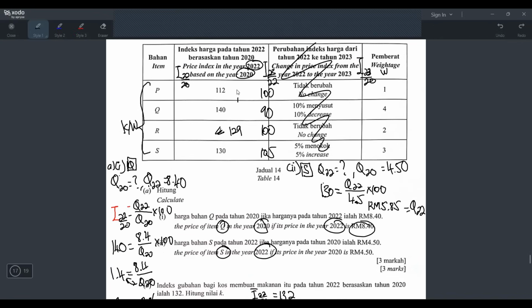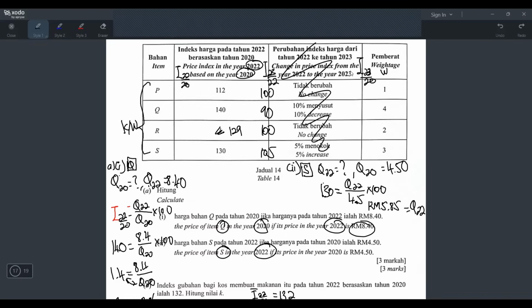It means you find the composite index for 2220, and you find the composite index for 2322, and you do one smiley face to get the composite index for 2320. Okay, that one is the wrong method. You will get an answer that is very near to the actual answer, but it will be wrong. You cannot do it like this.